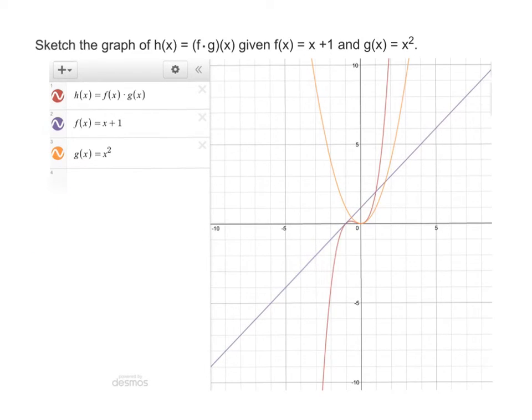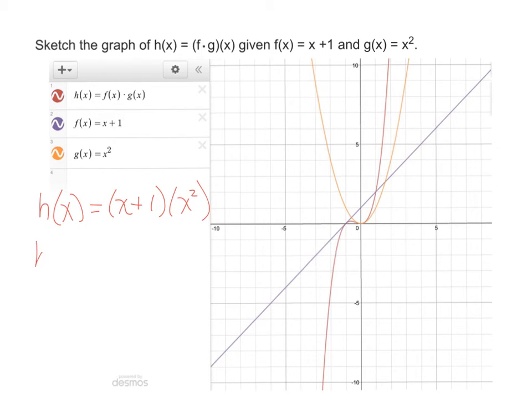Here's the next one. This is f times g of x. So f of x multiplied by g of x. h of x is going to be equal to f of x, which is x plus 1, multiplied by g of x, which is x squared.